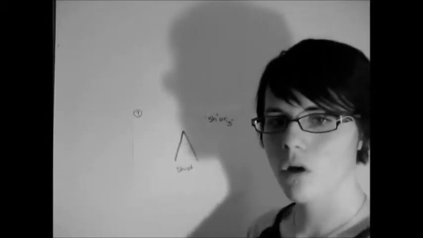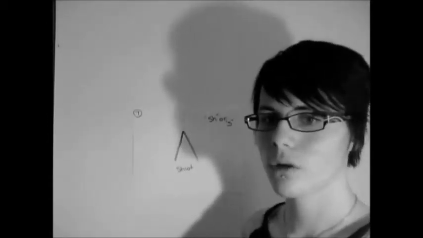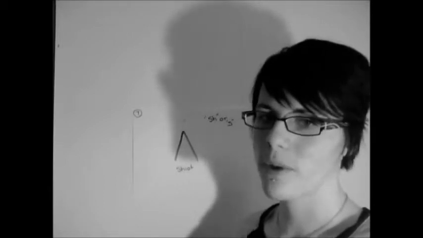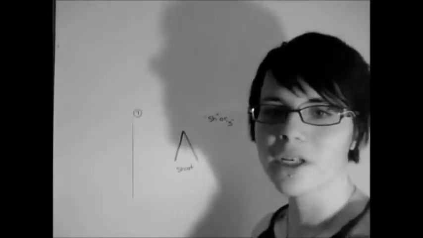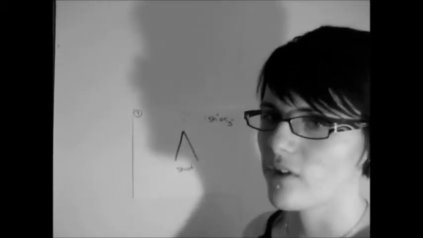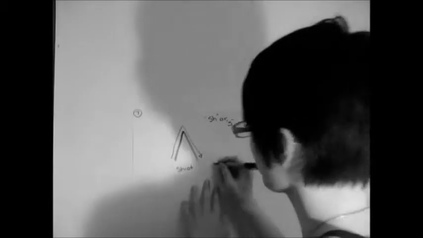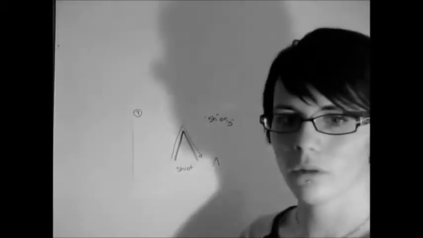And this depends on which vowel your Siot is paired with. To write Siot, it's just like an upside down V. You write it like that.